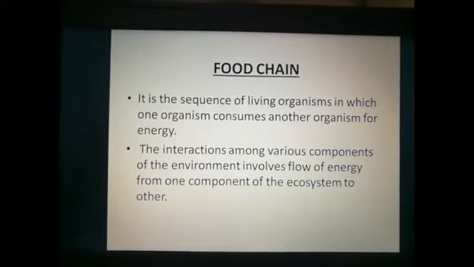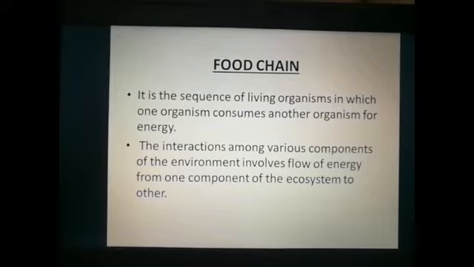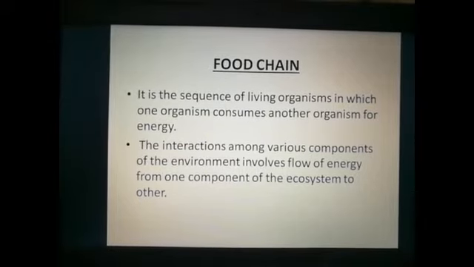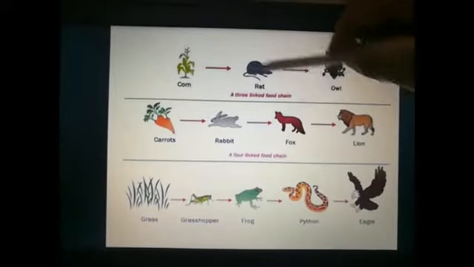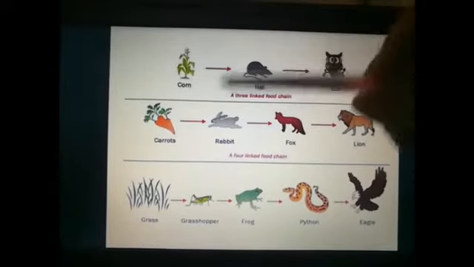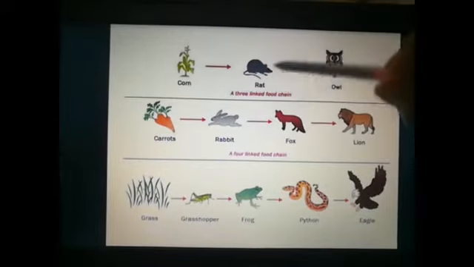A food chain is a sequence of living organisms in which one organism consumes another organism for energy. And the interactions among various components of the environment involve flow of energy from one component of the ecosystem to another.